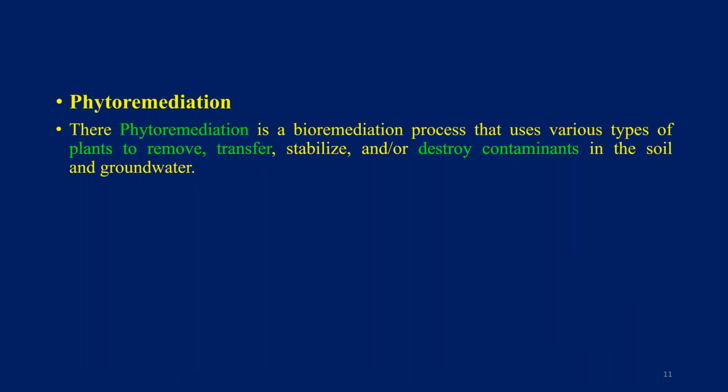Phytoremediation is a bioremediation process that uses various types of plants to remove, transfer, stabilize, and/or destroy contaminants in the soil and groundwater.